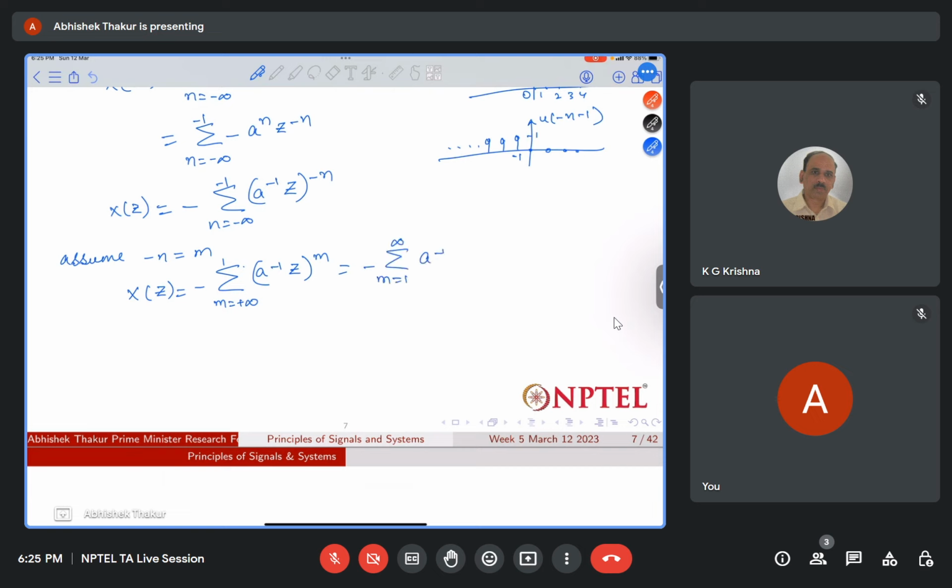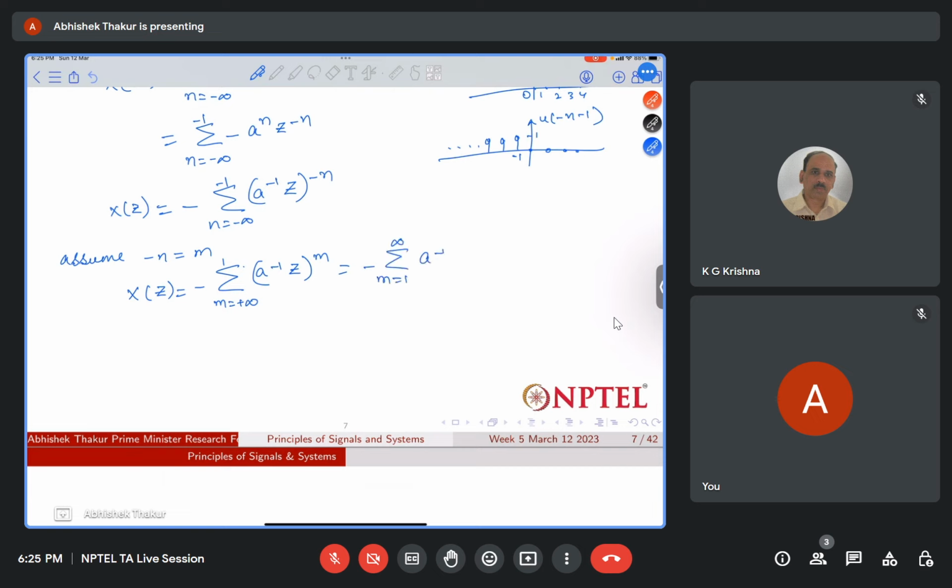The only thing is that the ROC will be less than, because this term a inverse z should be less than 1. Then only this summation can be found by this formula. So the magnitude of z is less than the magnitude of a. So here we can see that the ROC is inside.